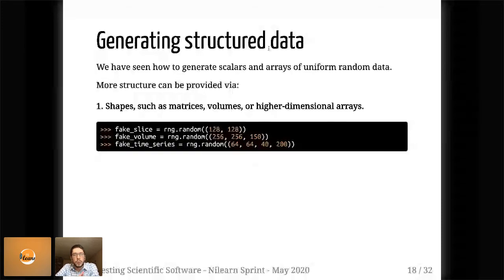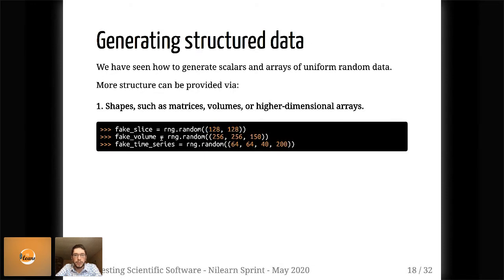Okay, so random numbers are great, but you may want some more structured data. There are various ways that you can add structure to your data. You may want to generate data of a specific shape. For instance, if you're simulating a slice of a particular image, you may say you want your shape to be 128 by 128.